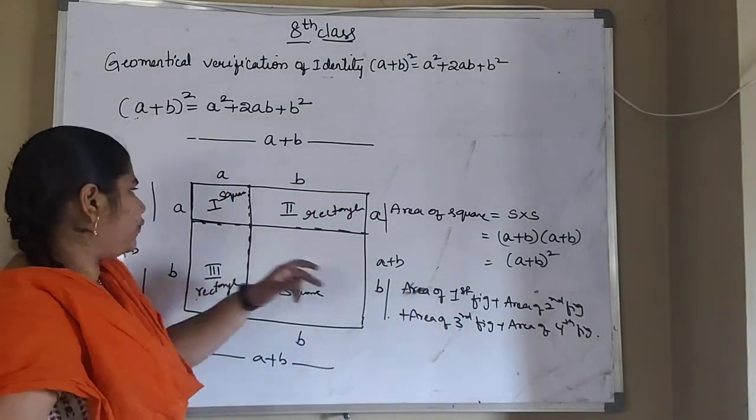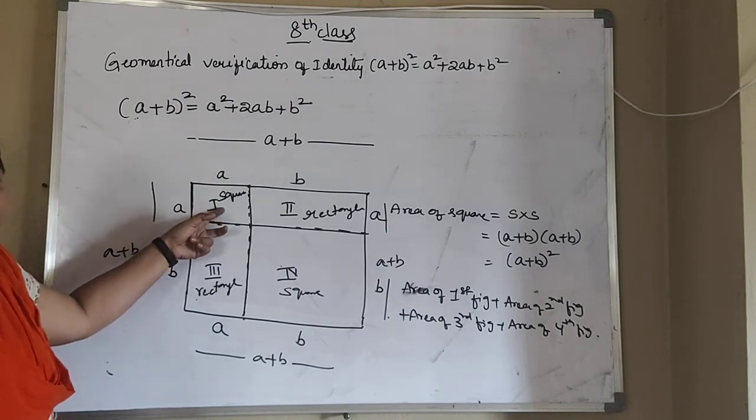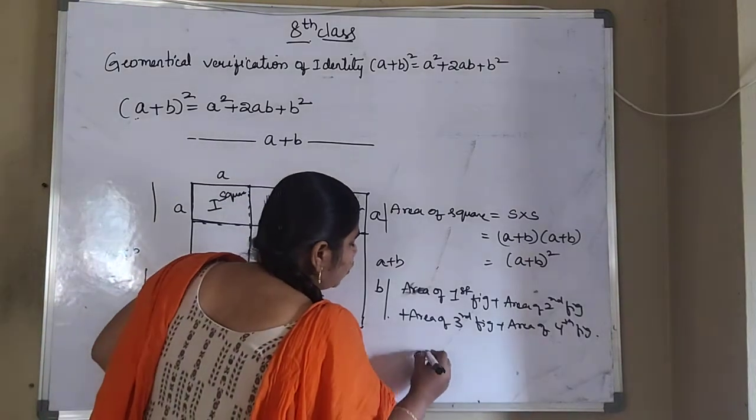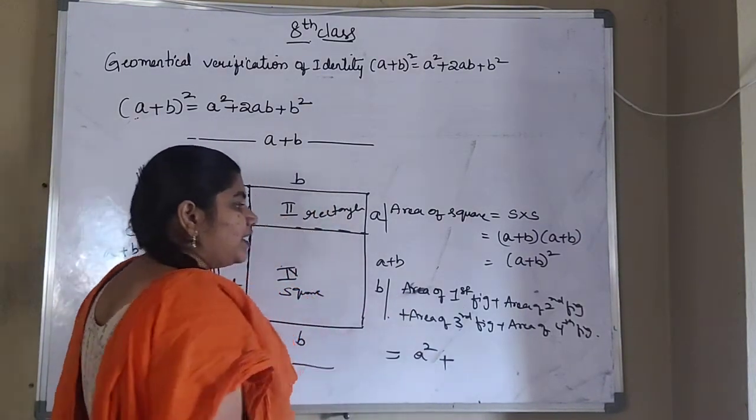What is the first figure? That is a square, so its area will be side into side, that is a into a, which is a square.